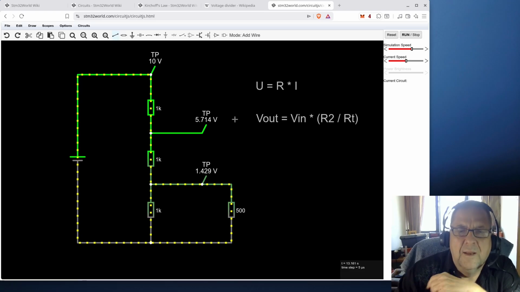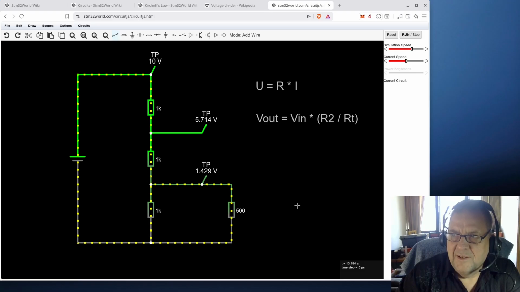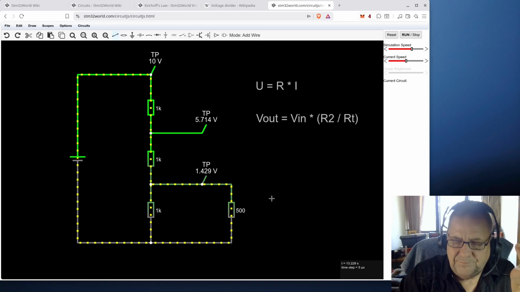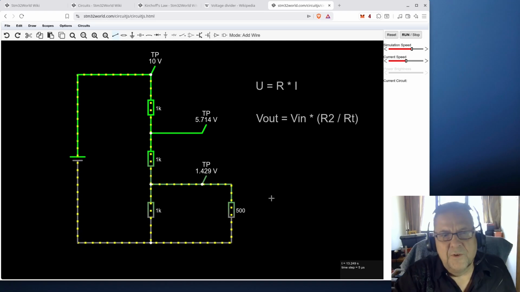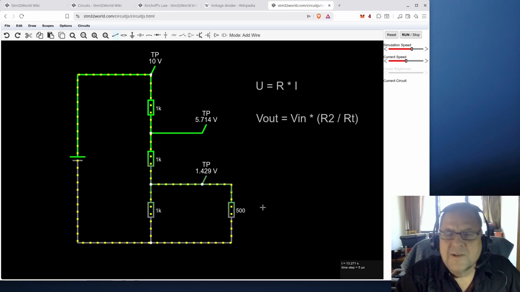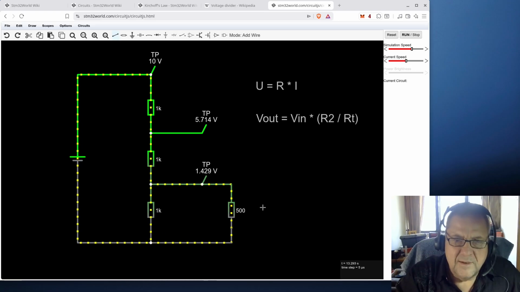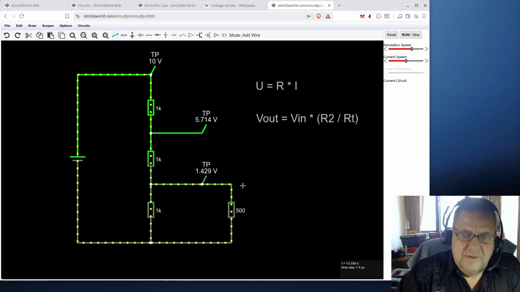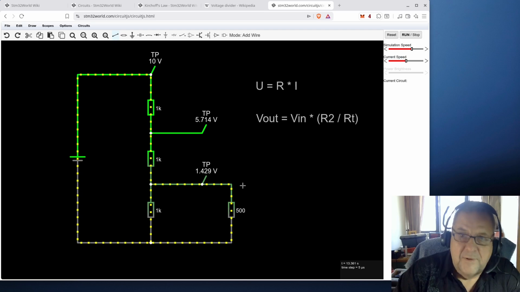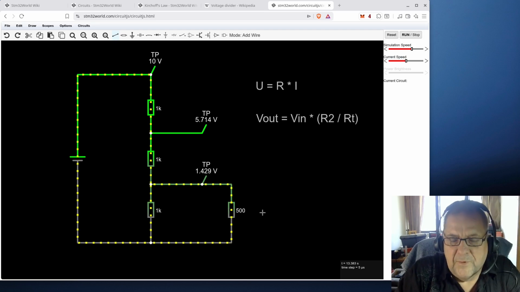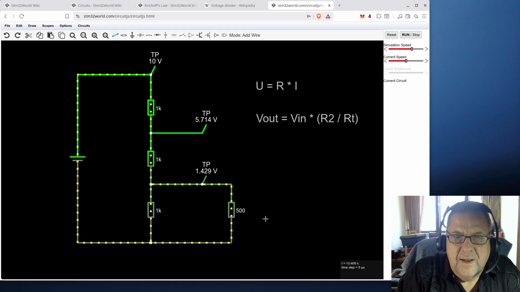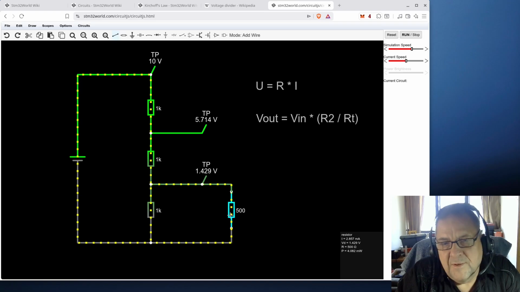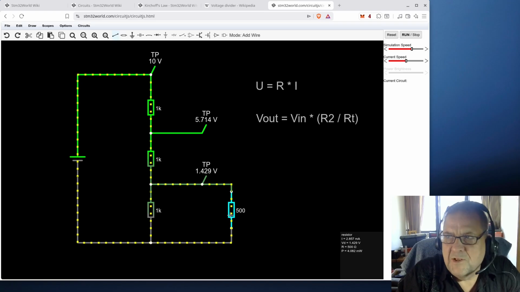Well, I'll get back to that in later videos, but you have certain components that you can use in a circuit that have an insanely high input resistance. For example, operational amplifiers, op amps, or MOSFETs, and they will have a very, very, very low current running into them.